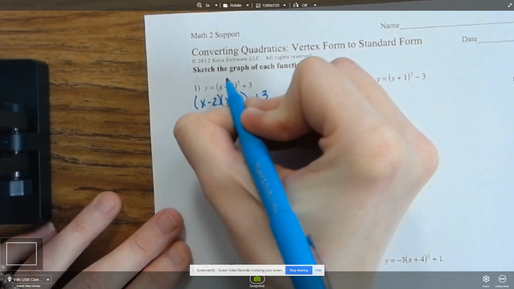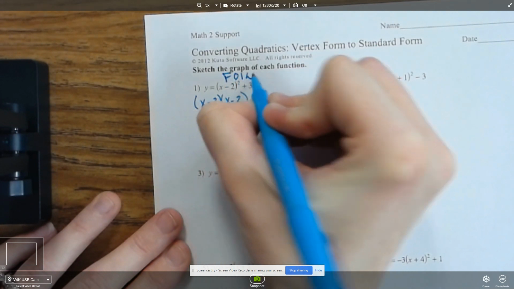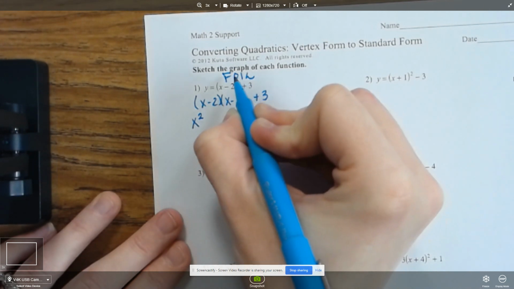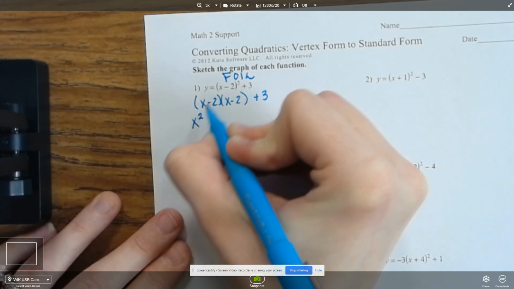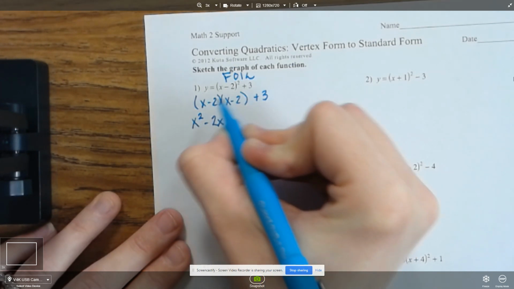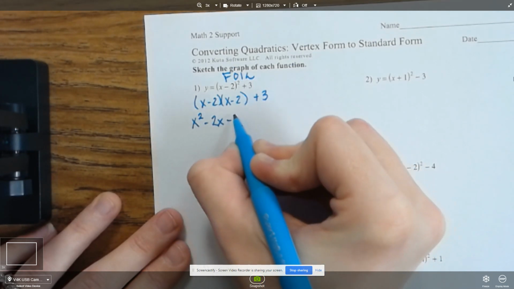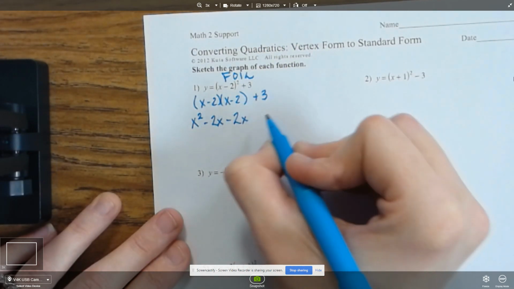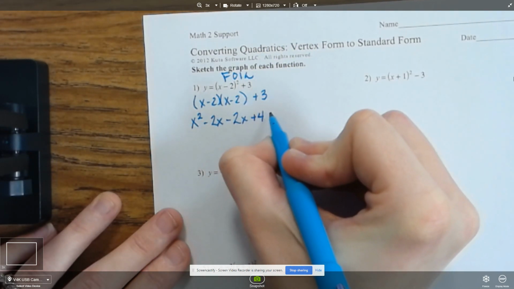So FOIL. So the first are the x's, so x times x is x squared. Outside would be this negative 2 and this x, so that would give me a negative 2x. And then inside would be this negative 2 and this x, so another negative 2x. And then the last would be negative 2 times negative 2, which would give me a positive 4.